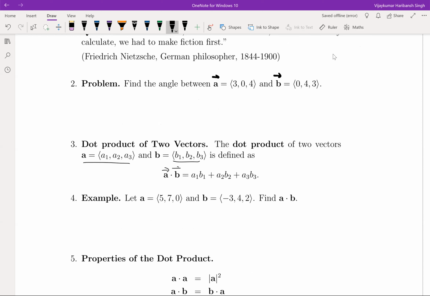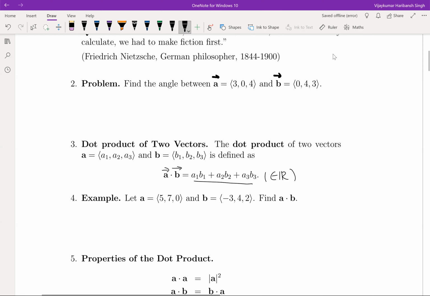So this is the dot product, all right? It's also called the scalar product because the output of this product is a scalar. You see that A1, A2, A3, B1, B2, B3 belong to R, so A1 B1 plus A2 B2 plus A3 B3 belongs to R as well. Hence, this is a scalar product.